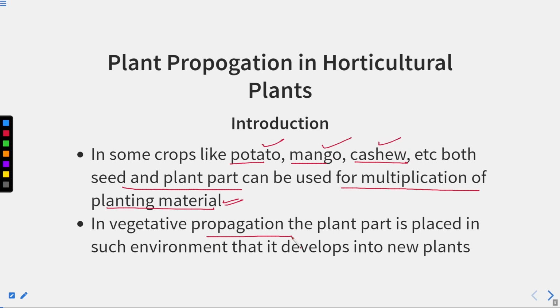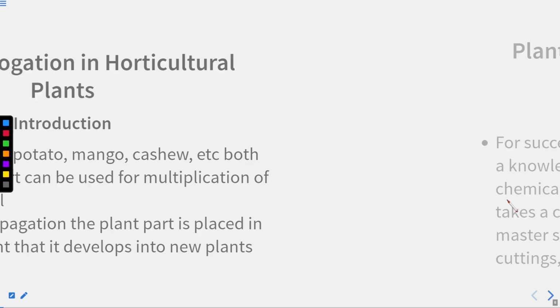In vegetative propagation, the plant part is placed in such an environment that it develops into a new plant. We take great care of this environment, giving it in such a way to the developing plant that it develops well, and we get a healthy new plant.